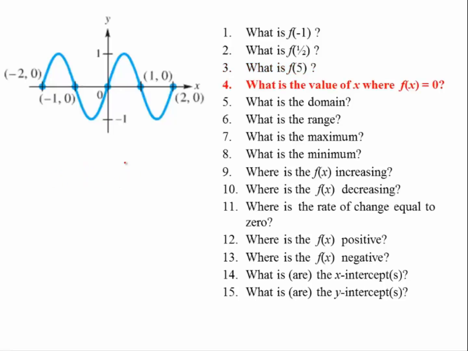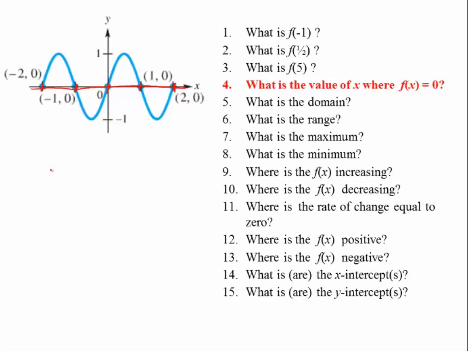Number 4, what is the value of x where f of x is 0? So now we're looking for x values, and we're given a y value of 0. If we go to the y-axis, here's where y is 0. And we actually see here's a value of x, another value of x, a third, a fourth, and a fifth.